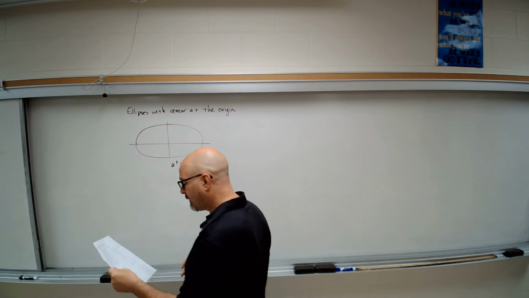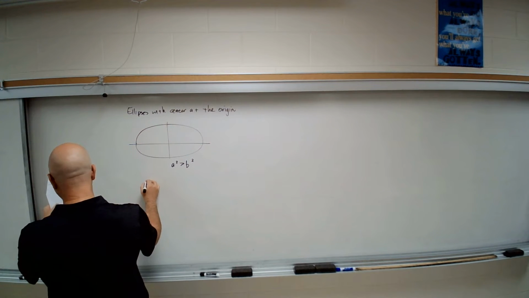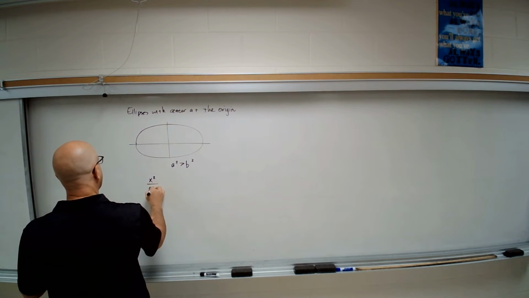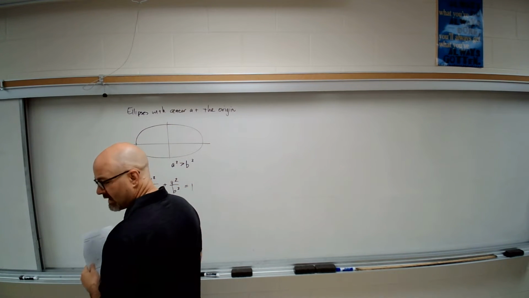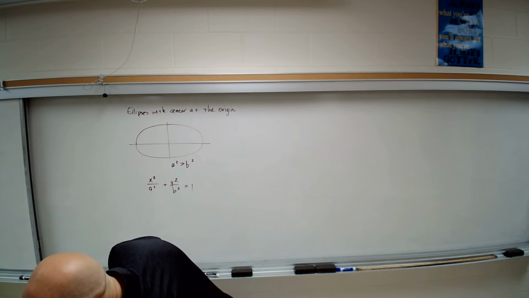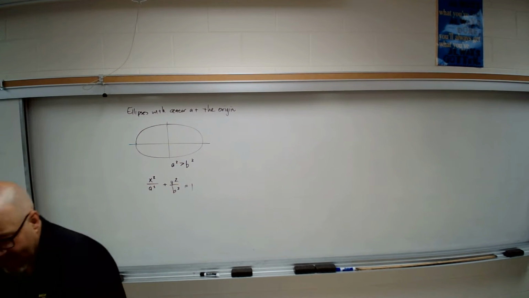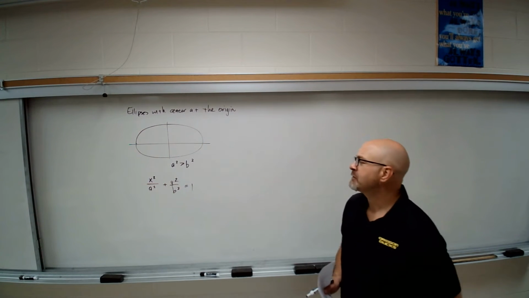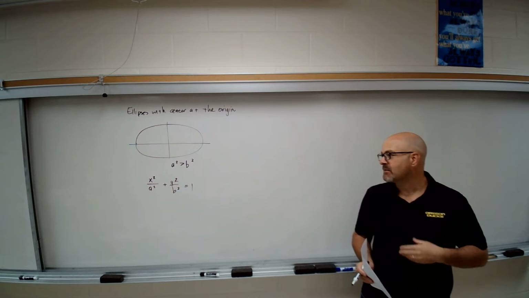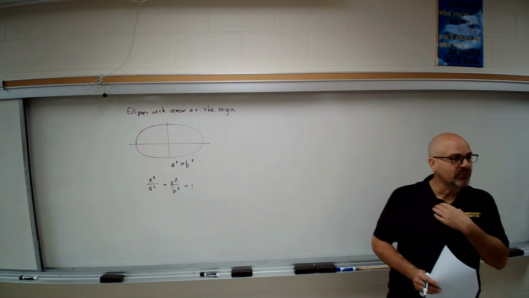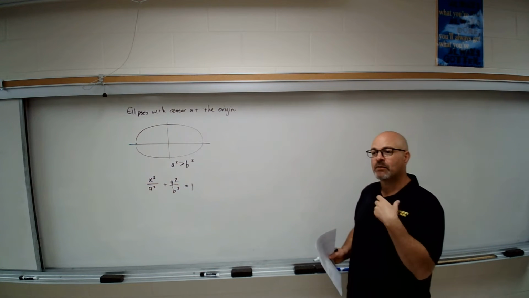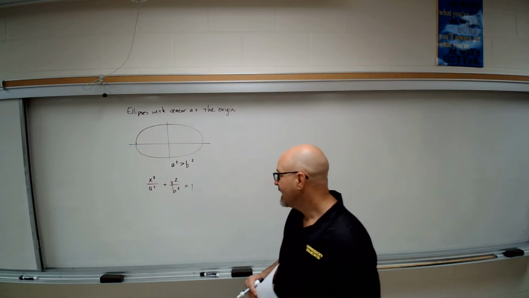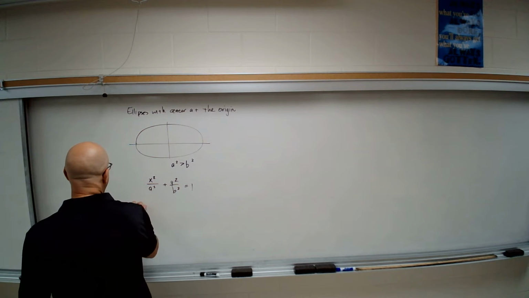So our equation is x squared over a squared plus y squared over b squared equals 1. This is our standard form. Again, remember, x is always going to stick with the a's, and the y's are going to stick with the b's.